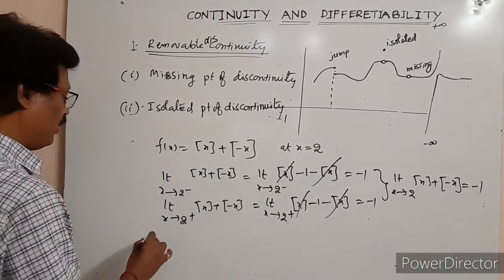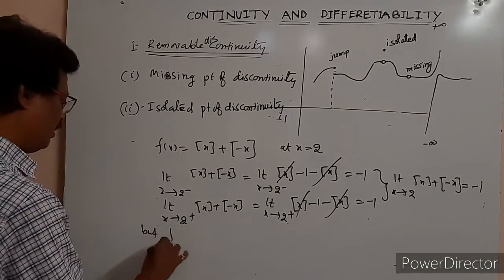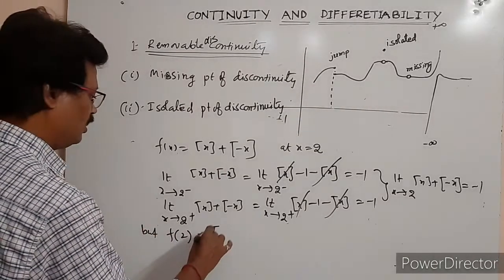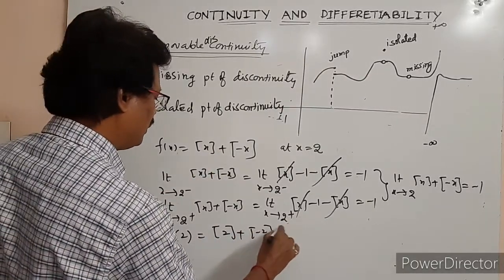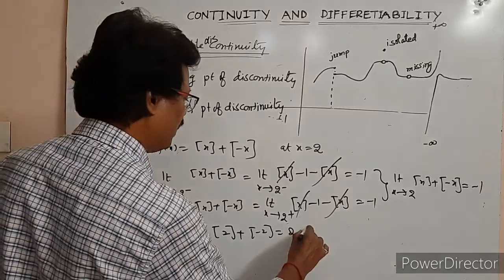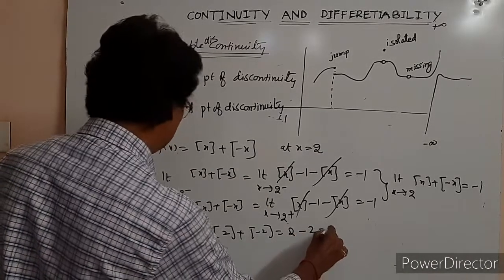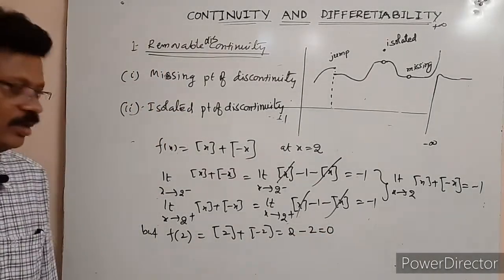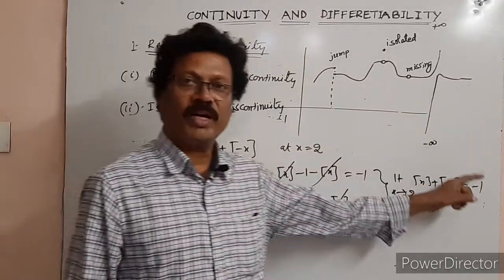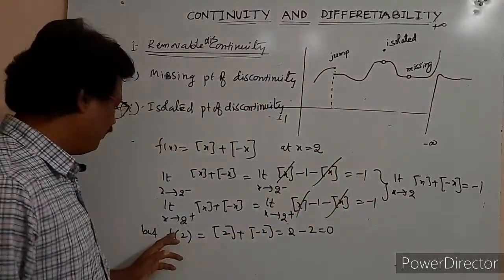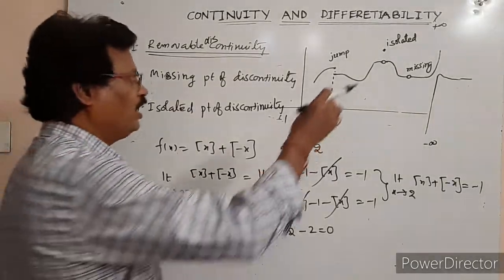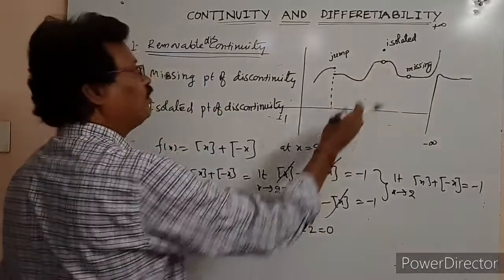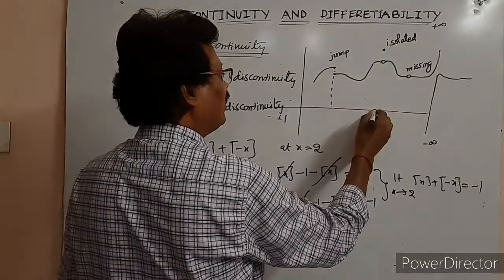But what is f of 2? That is step of 2 plus step of minus 2. Step of 2 is 2, step of minus 2 is minus 2. Therefore this is 0. The limit exists and equals minus 1, but f of 2 is 0. So the limit exists, but f of 2 is somewhere else, not here on the x-axis.